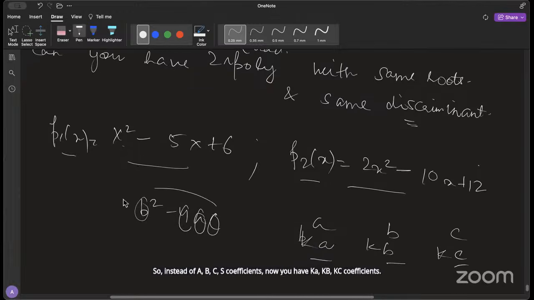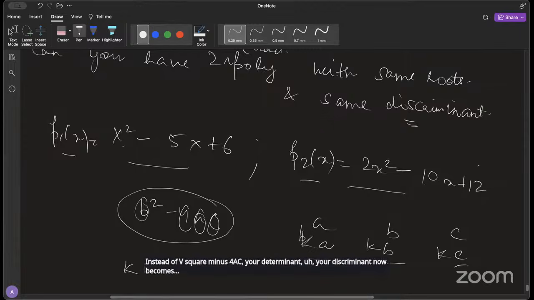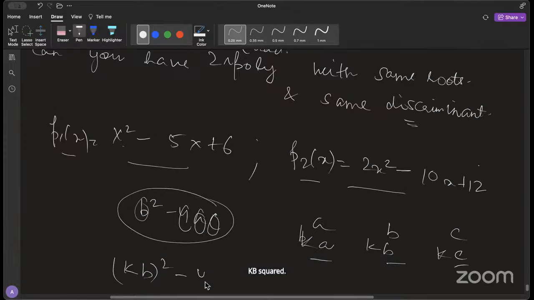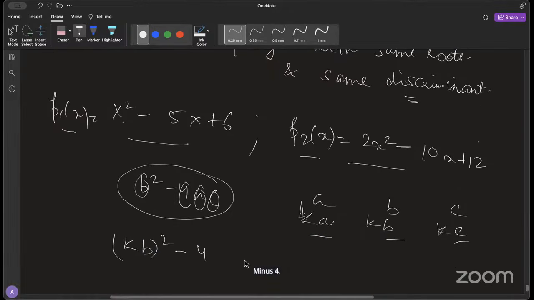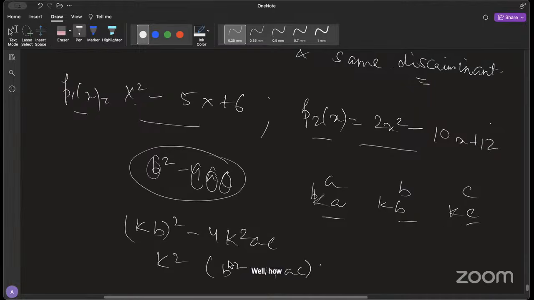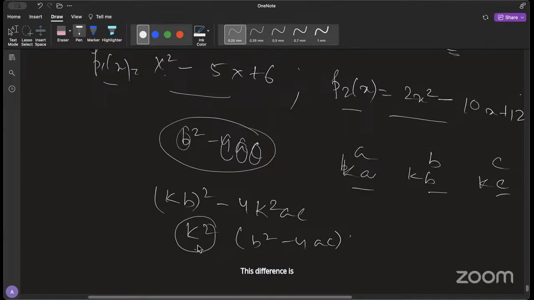Instead of b square minus 4ac, your discriminant now becomes kb squared minus 4 ka kc, which is k square times b square minus 4ac. This is different from b square minus 4ac.